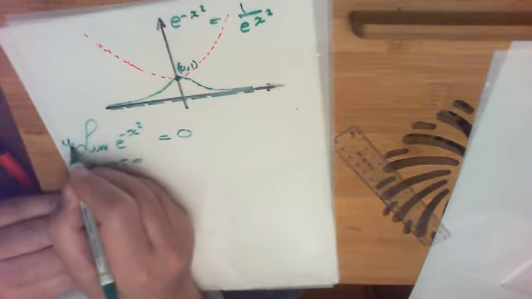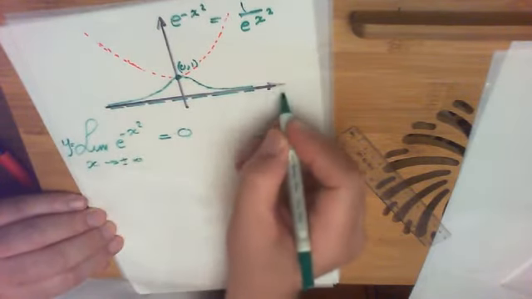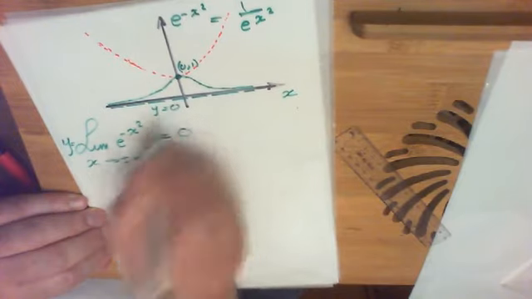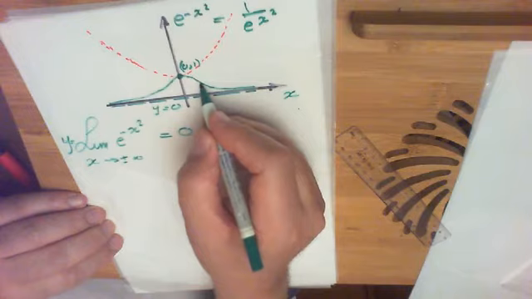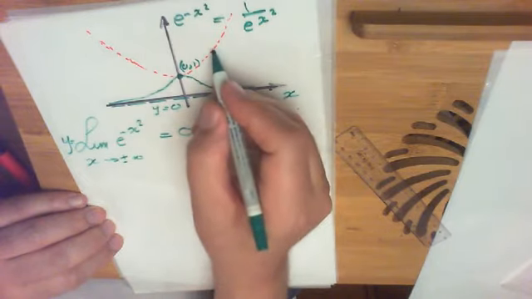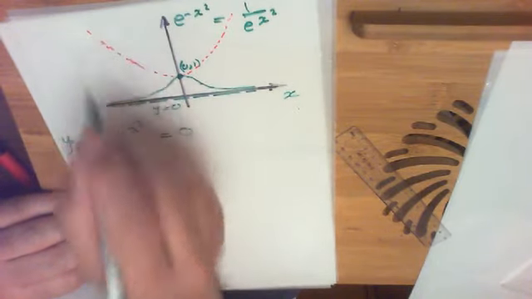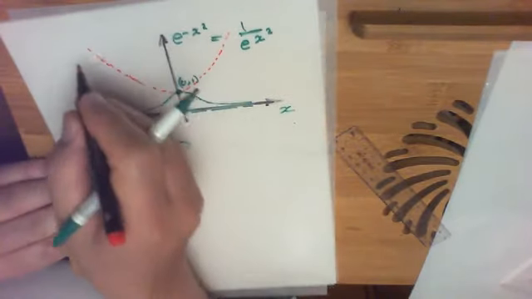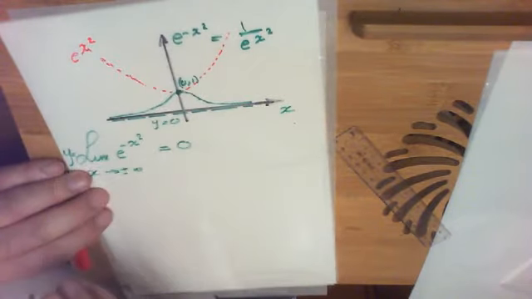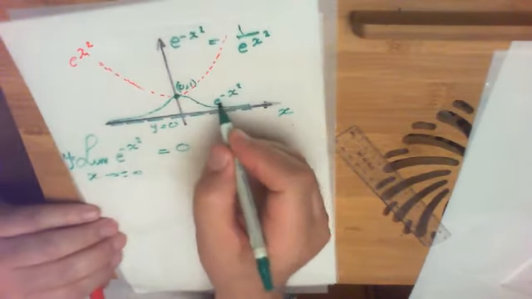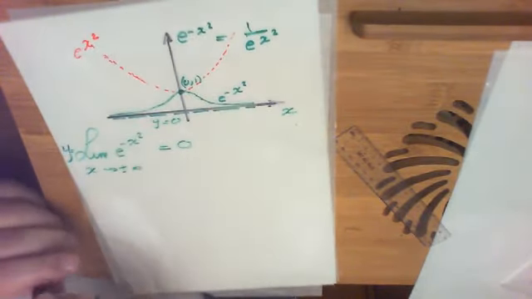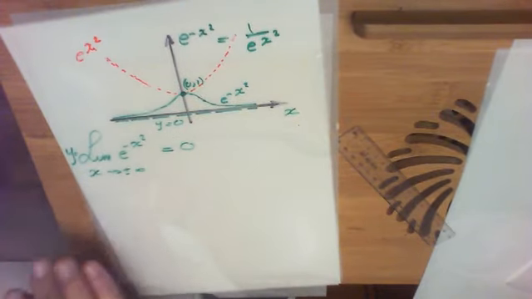This is why y equals 0, the x-axis. Okay, so this is e to minus x squared. The red one is e to x squared, and this is e to minus x squared, which is the reciprocal of the red one.